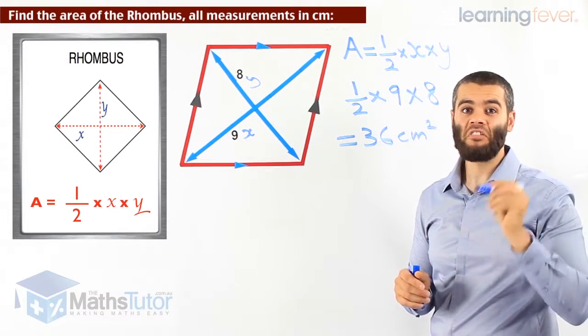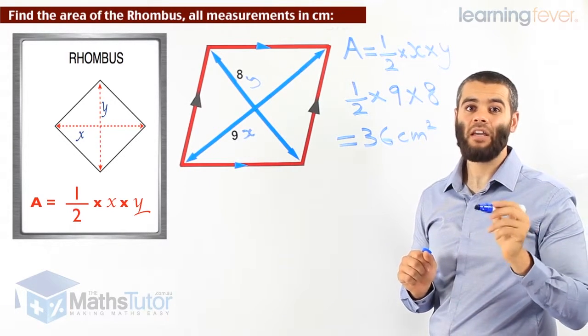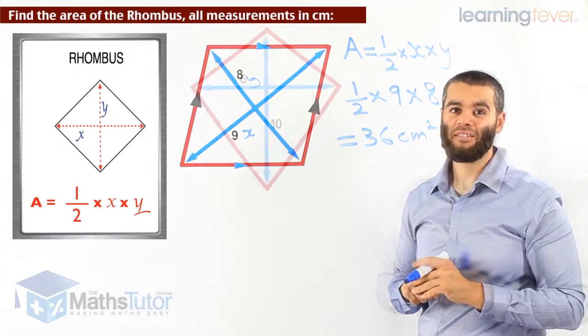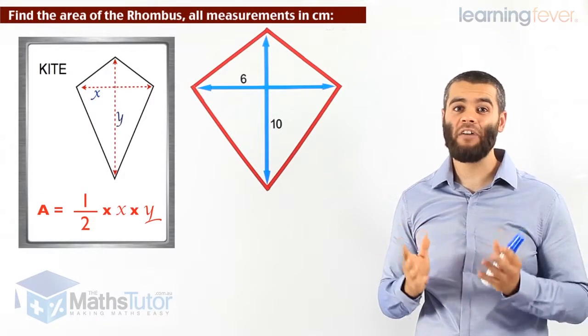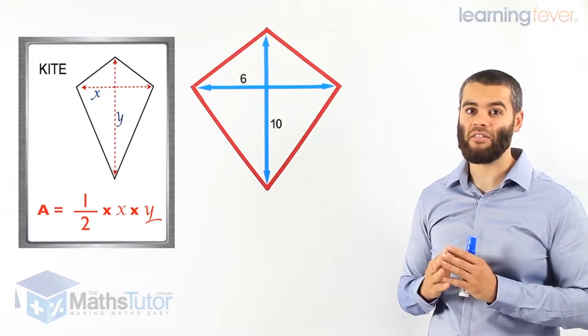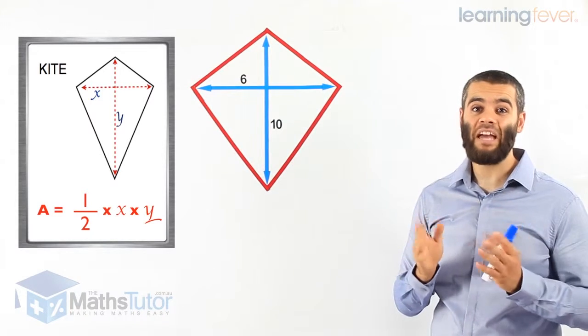Now we're going to use the same formula to find the area of a kite. Both area of a kite and area of a rhombus have the same formula. Let's do that now. We're going to use half times x times y to find the area of a kite. We can see that the kite has diagonals.